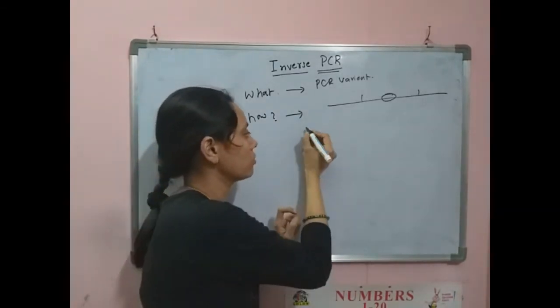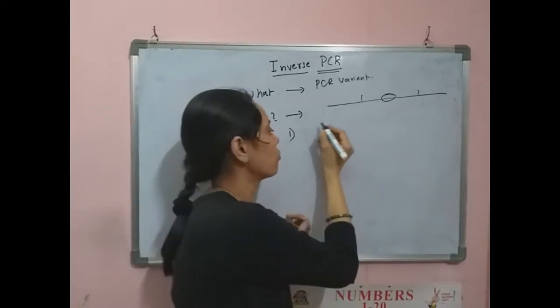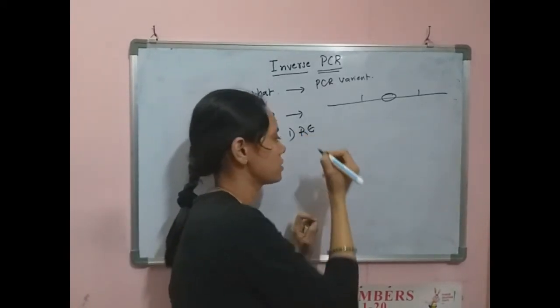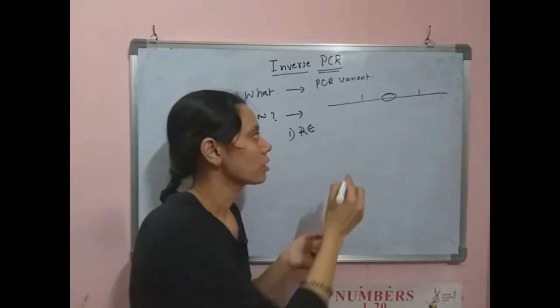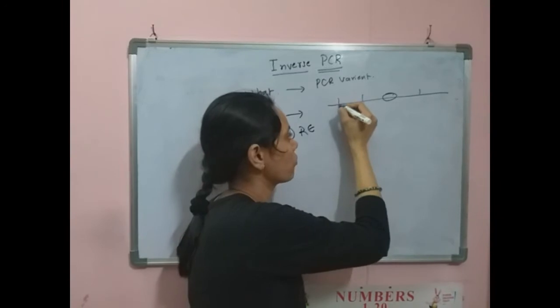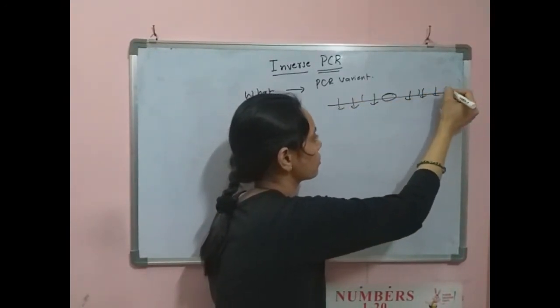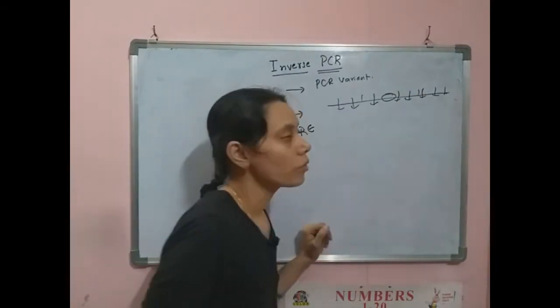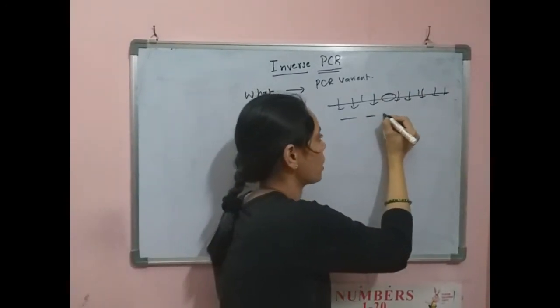Generally, in the first step in inverse PCR, we go for restriction digestion. During the restriction digestion, many small fragments will be formed. Likewise, many small DNA fragments will be obtained.